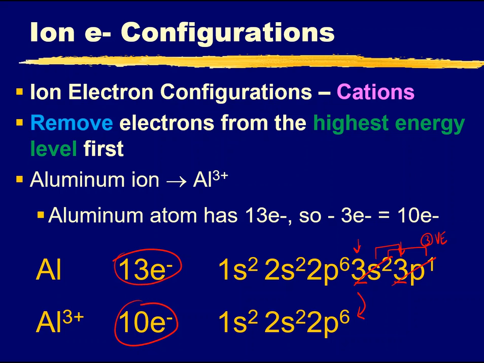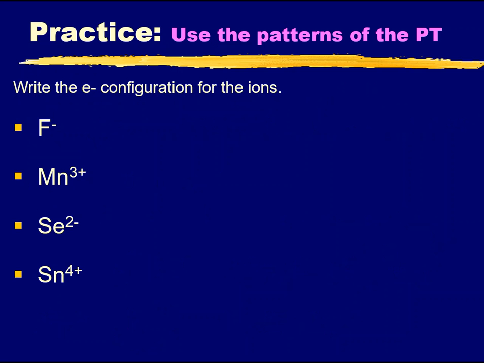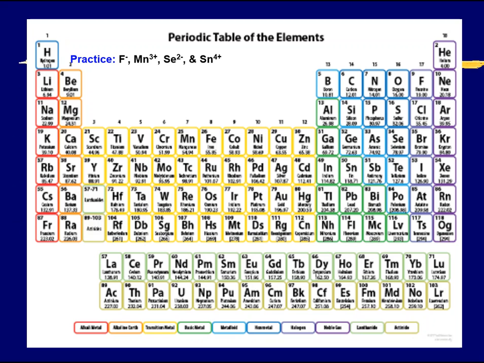That's easy, but when we get into the d block elements, it's a little tricky. Let me show you one of the d block elements, like manganese 3+. It's a little tricky, and it seems backwards. I'm going to tell you that right up front.